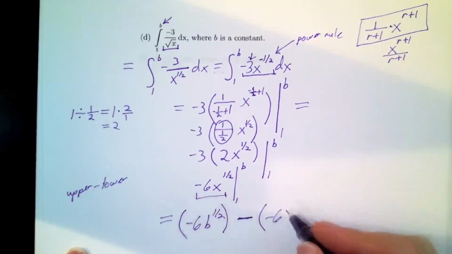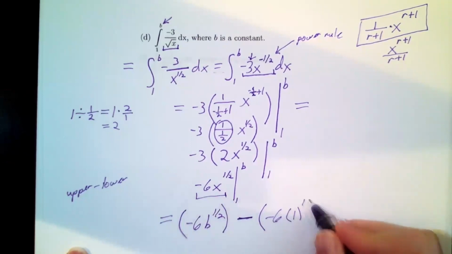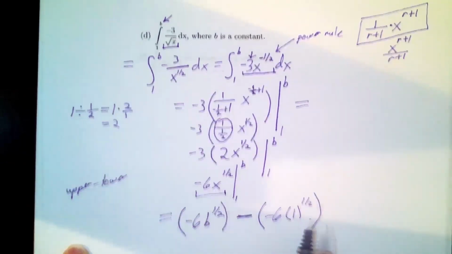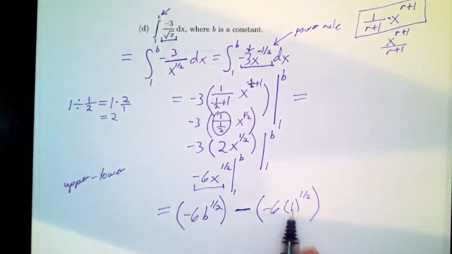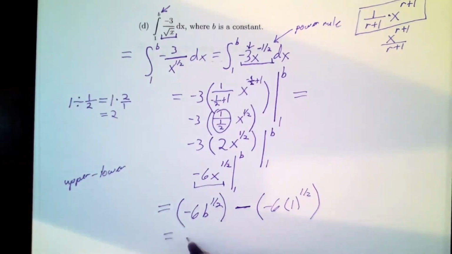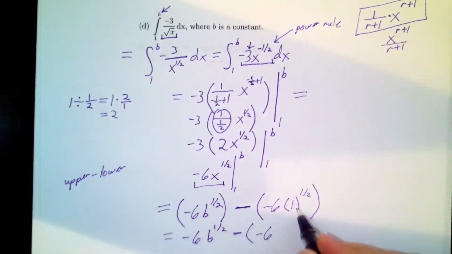-6, 1 to the 1/2. Now, since this is a number, you can evaluate it. 1 to the 1/2 is the square root of 1, and the square root of 1 is 1. So you have -6b to the 1/2 minus -6 times 1, which is -6.